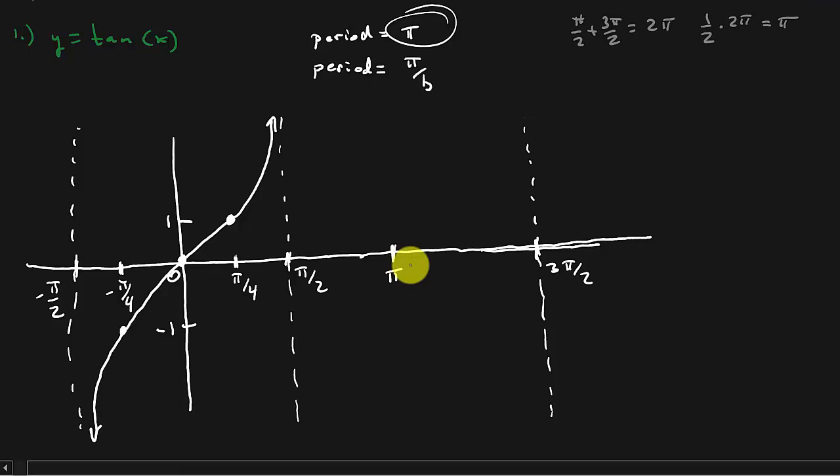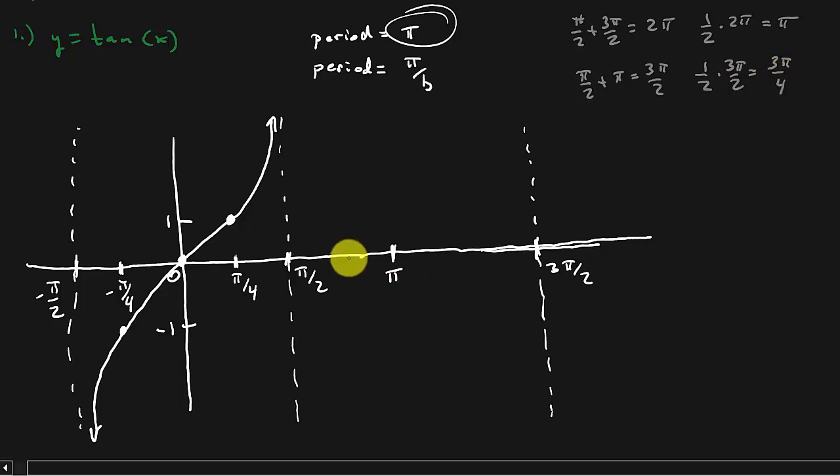All right. Now I need the midpoint between pi over 2 and pi. So pi over 2 plus pi is 3 pi over 2, and then I would need to half that, and that would be 3 pi over 4.